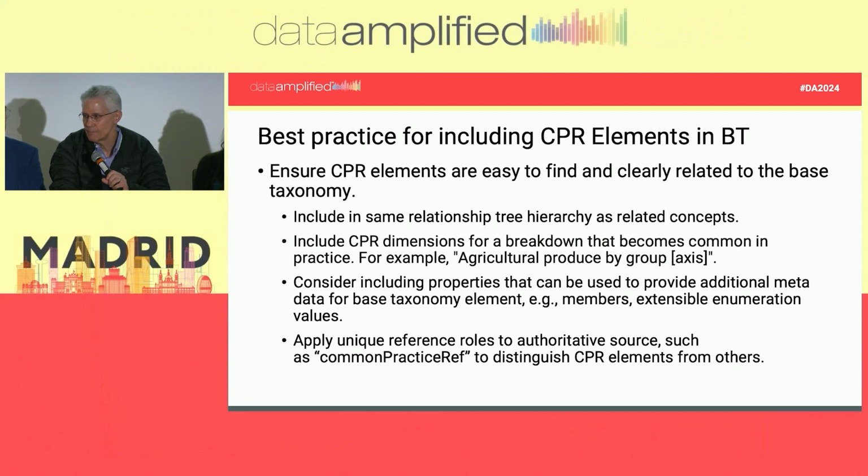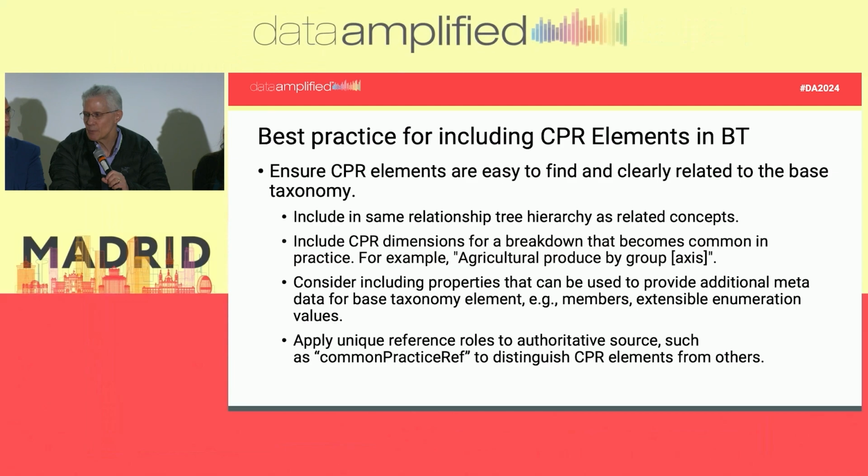And that leads me to the next point, which is to consider including properties that can be used to provide additional metadata. Things like extensible enumeration values are another way to do that. That's another list of concepts that can cover the existing items, but it can also cover potential extensions that become part of that family, that domain of concepts.